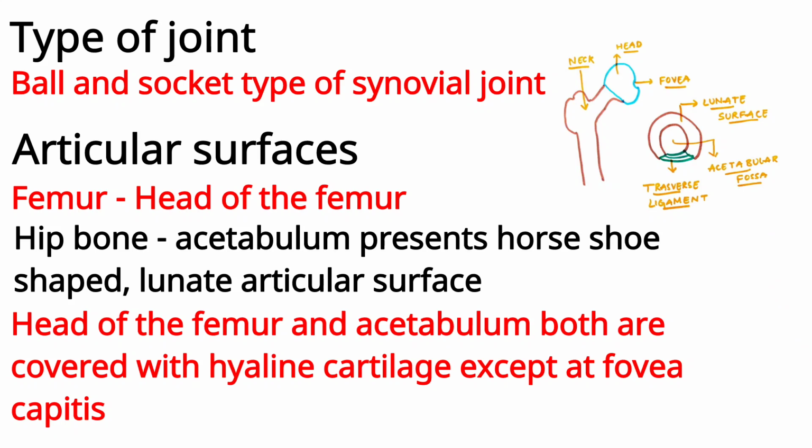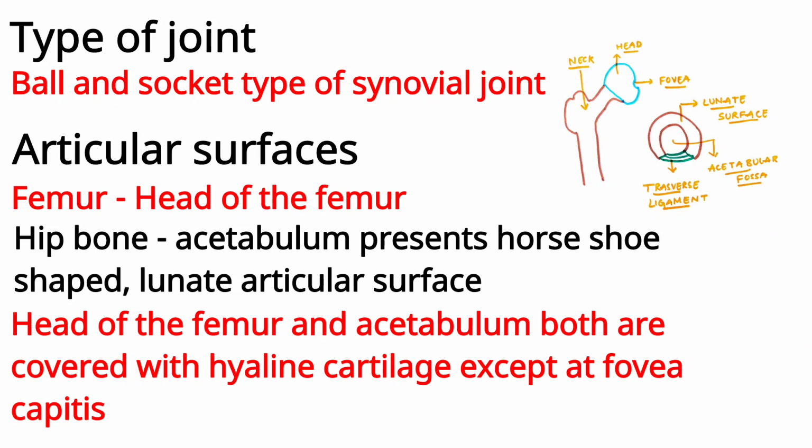Now coming to articular surfaces. The two bones which take part in forming the hip joint are the femur and the hip bone. The head of the femur, which is present on the neck, and the acetabulum of the hip bone. By acetabulum, I mean a lunate shaped structure which is formed by the joining of the ischium, ilium and pubis of the hip bone.